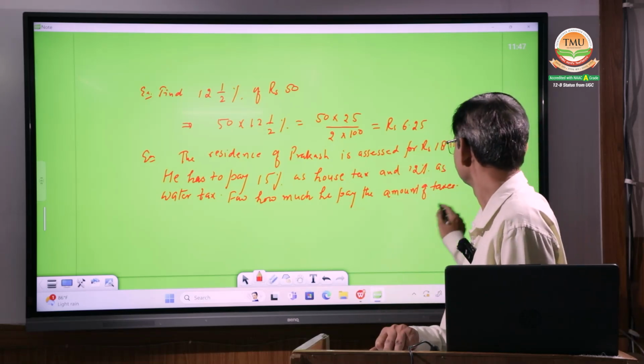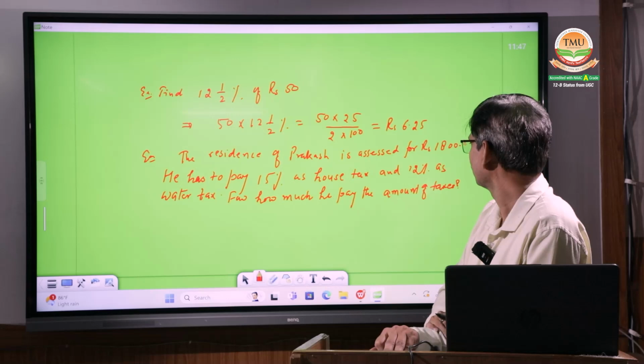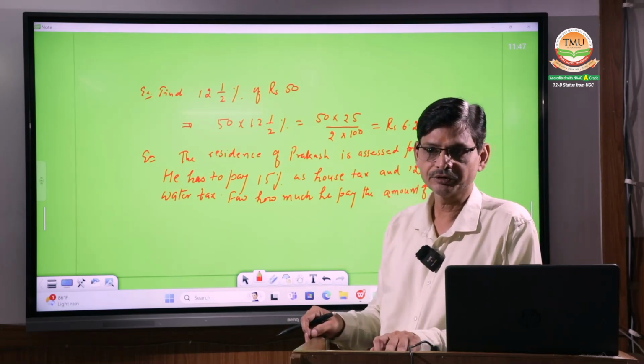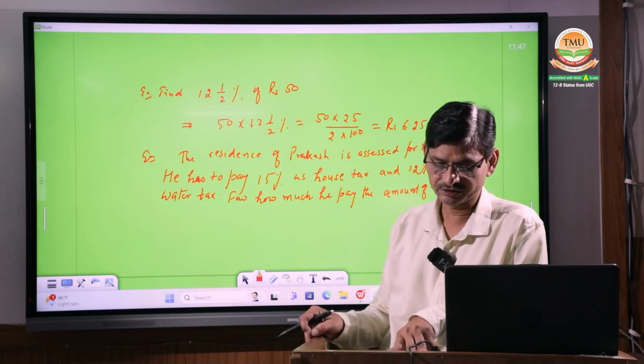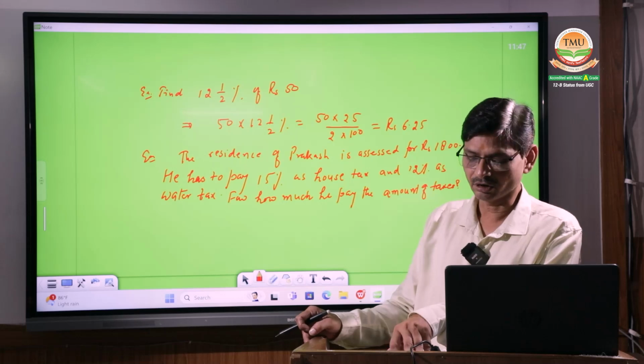The question is, the residence of Prakash is assessed for rupees 1800. He has to pay 15% as house tax and 12% as water tax. Find how much he paid the amount of taxes.